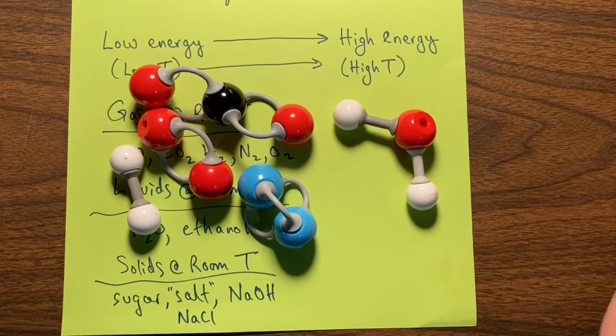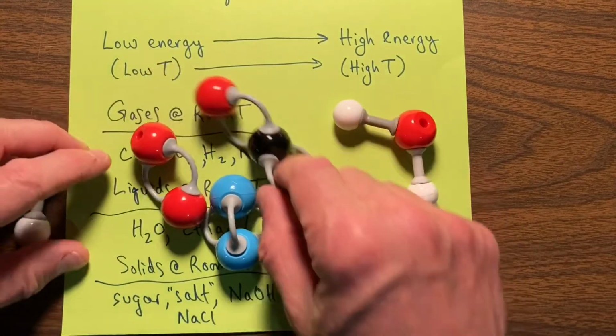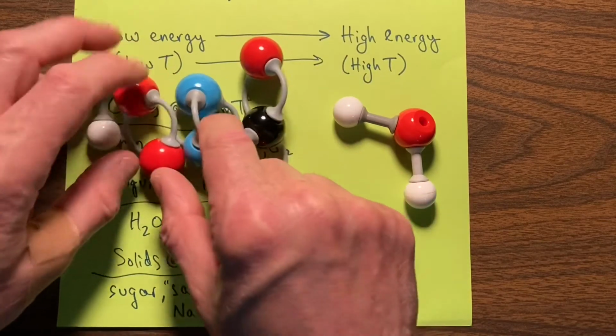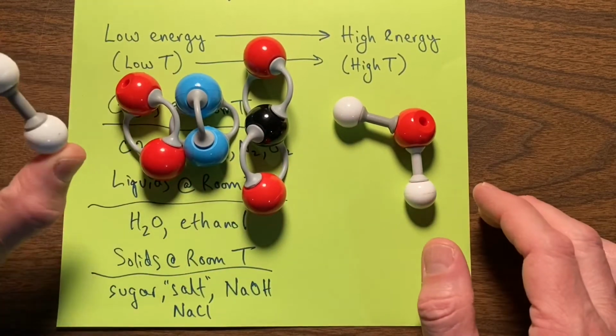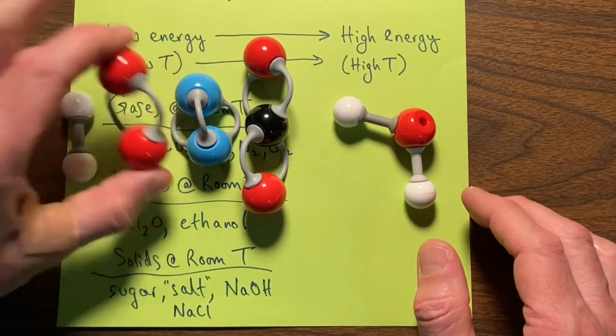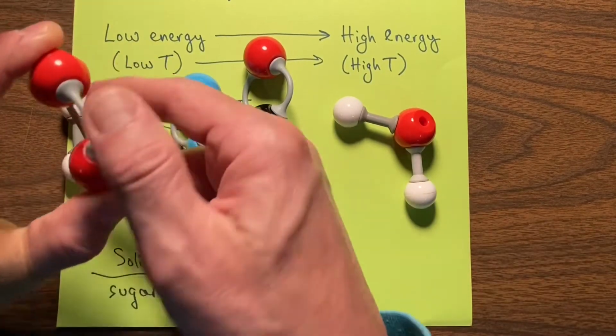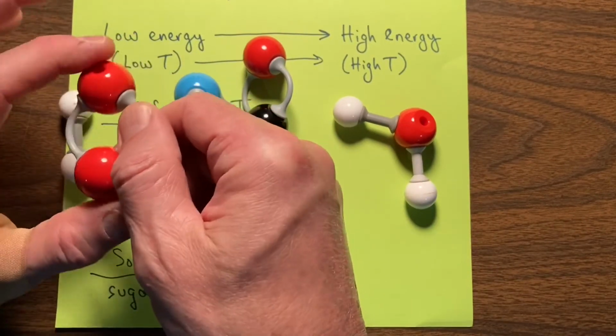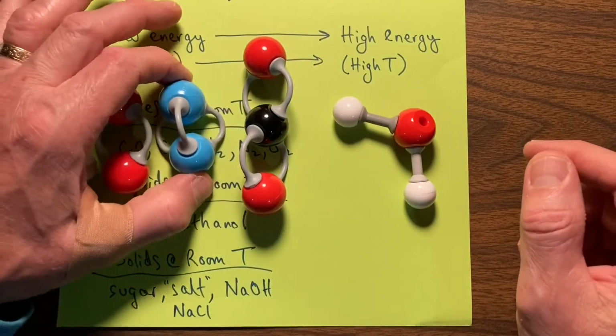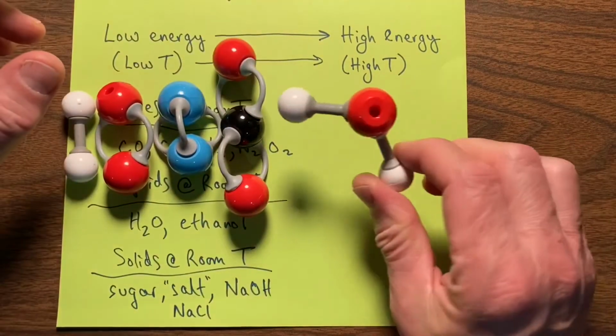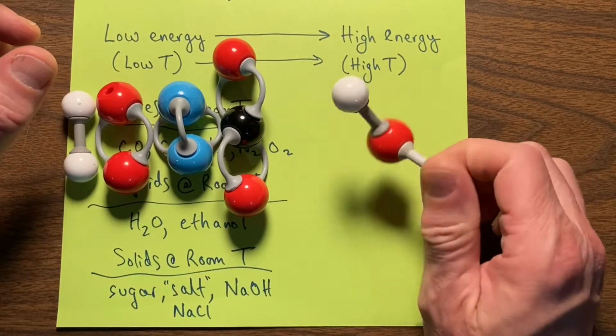Why is that? Well, if you look carefully, what are you seeing? Well, this is a straight line. This is a straight line. Just ignore that those are curved. That's just representing electrons that are holding them together. This is a straight line. This is a straight line, but this is bent. This is a V shape.